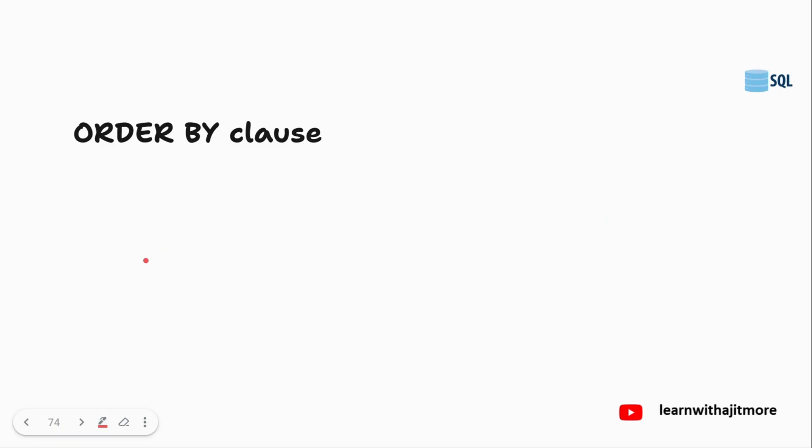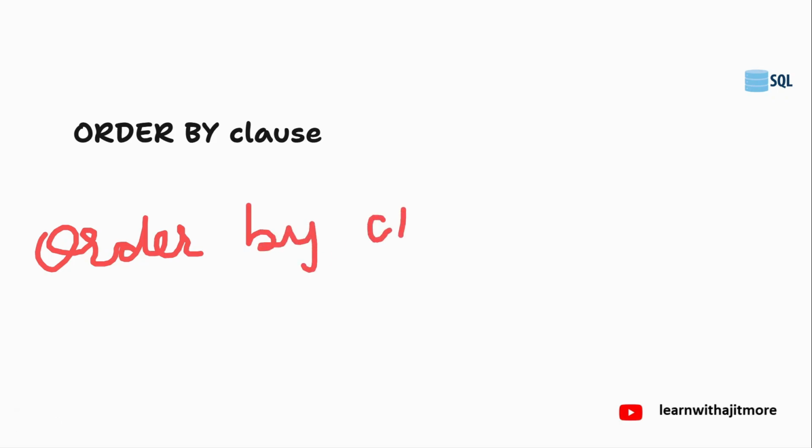And if you do multi-column sorting, you can mention multiple columns: order by column 1, comma, column 2. For both of them, you can give the individual order: column 1 ascending, column 2 descending.